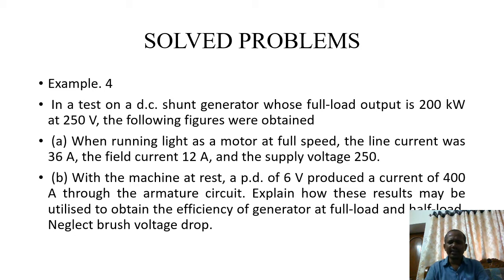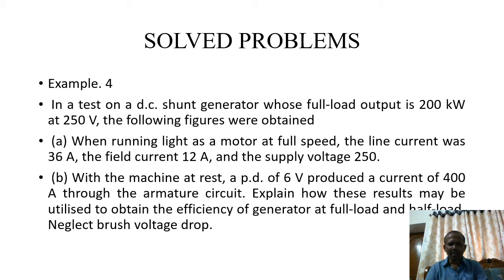When running light as a motor at full speed, the line current was 36 ampere, the field current 12 ampere, and the supply voltage 250 volt.